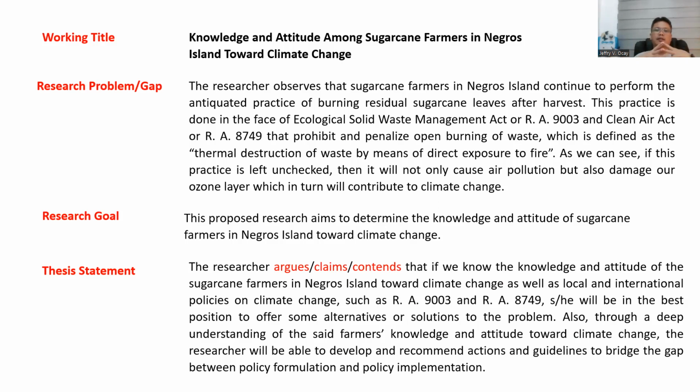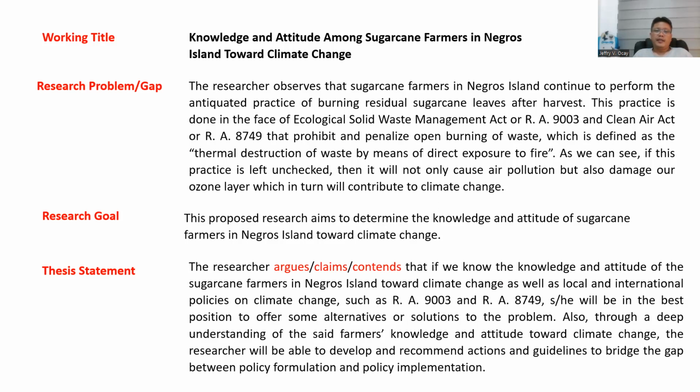And then despite the existence of these policies, of these laws, the sugarcane farmers in Negros Island, in central Philippines, continue to burn these residual sugarcane leaves after harvest.